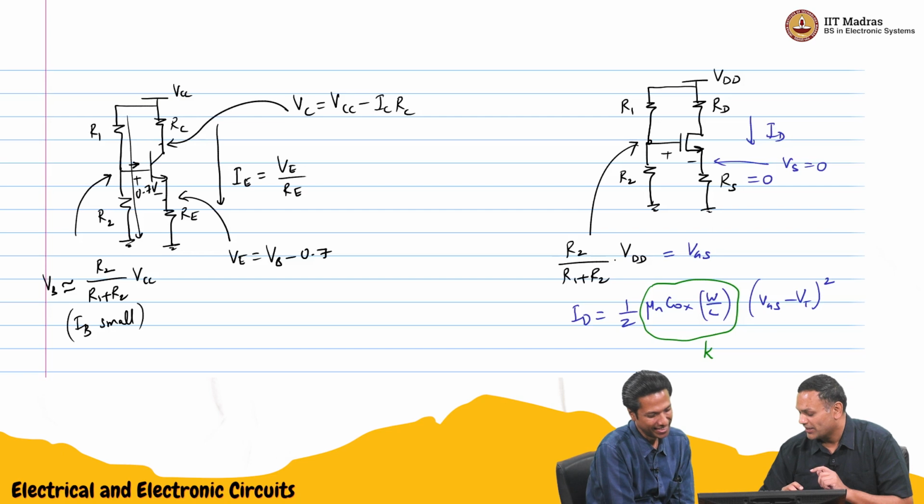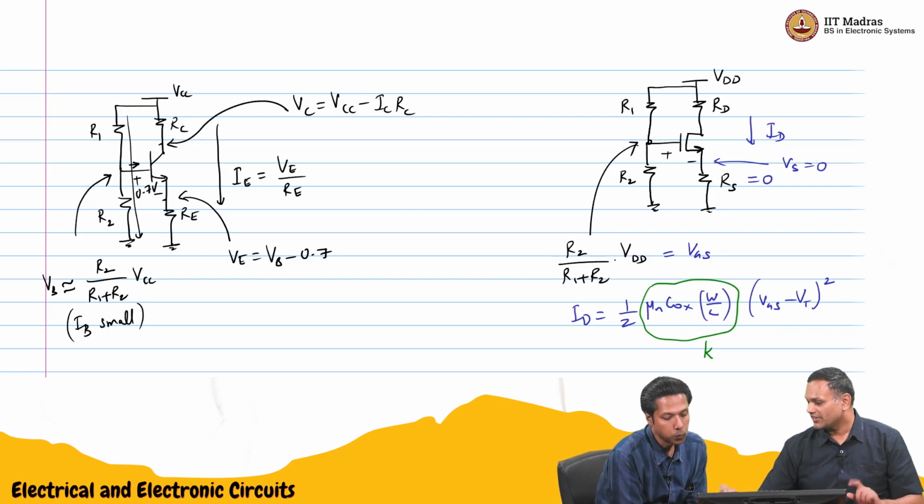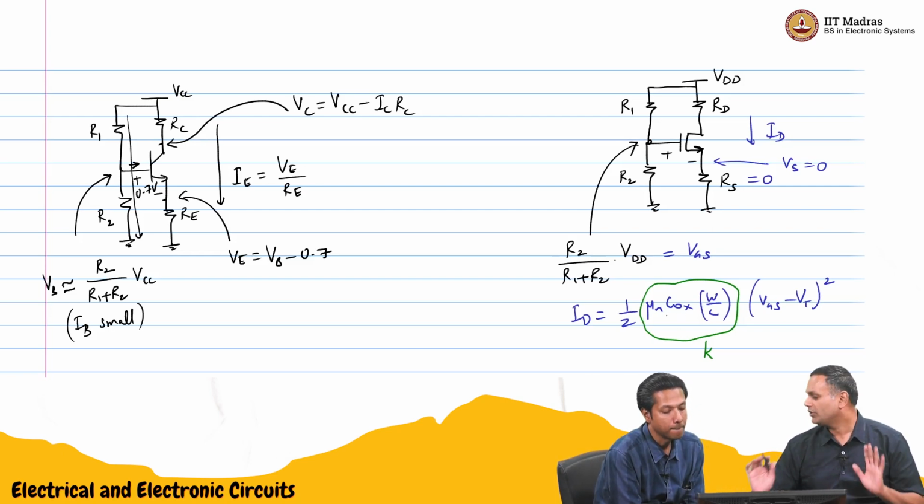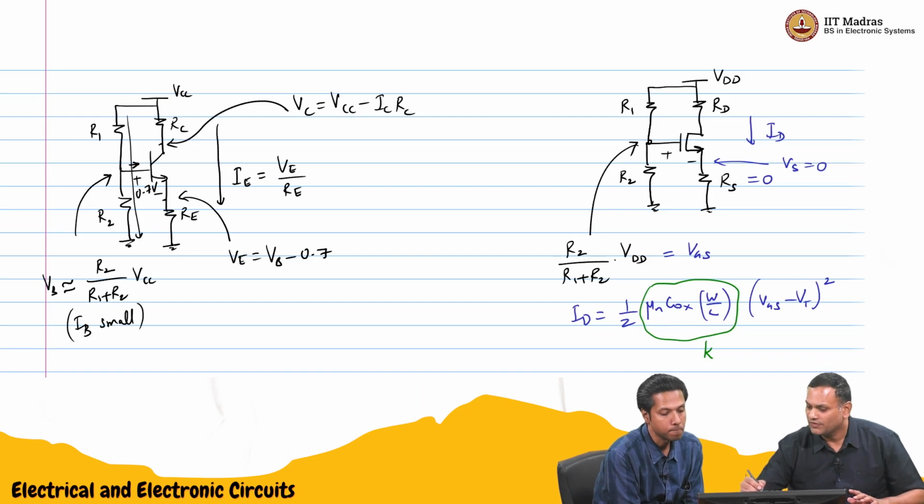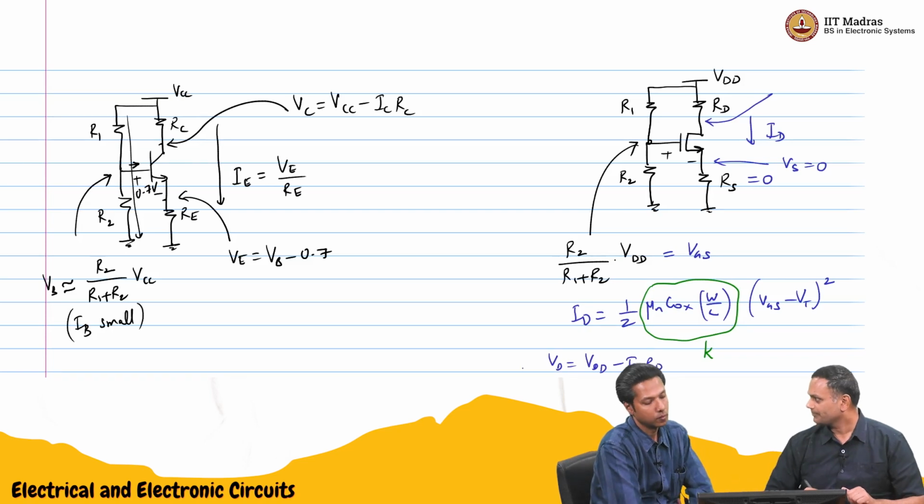So threshold voltage is known, K is known, and you can find out the current. Once you find the current, the drain voltage is also known. So VD will be VDD minus ID RD.